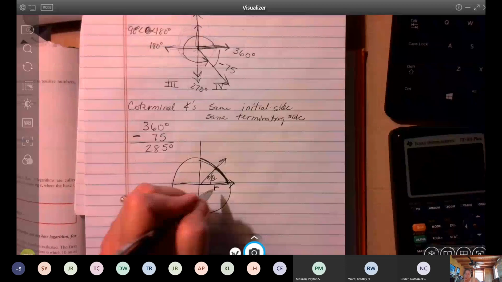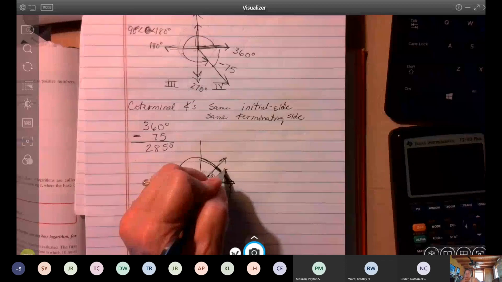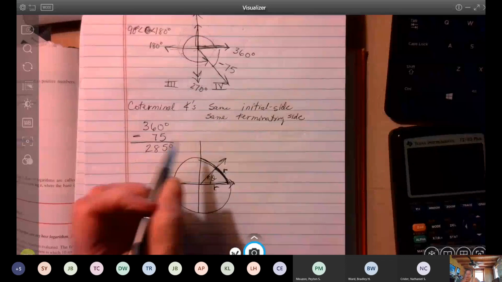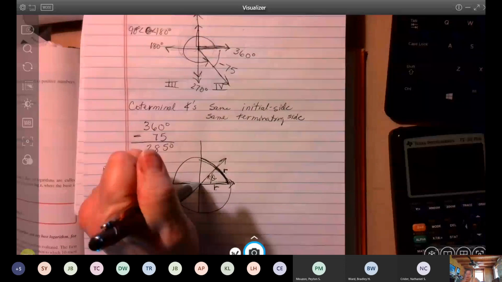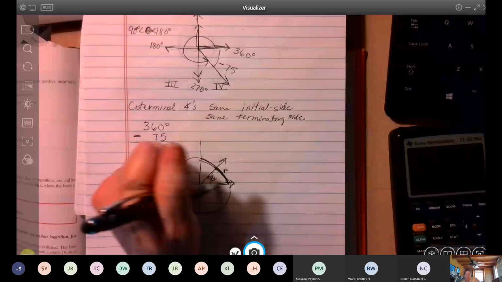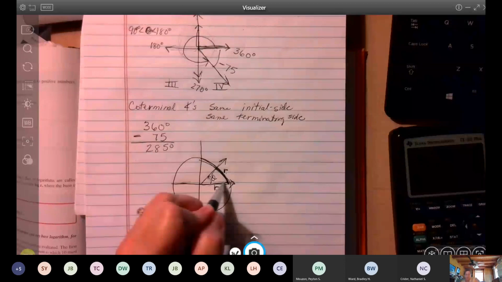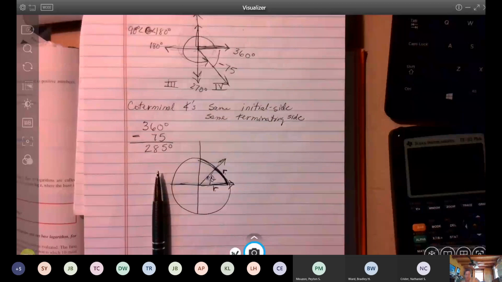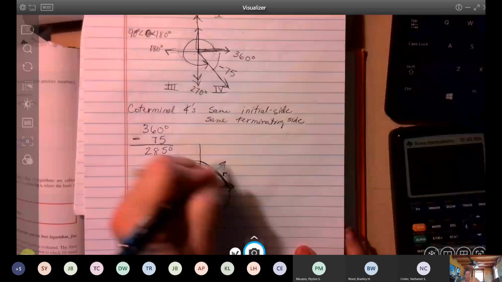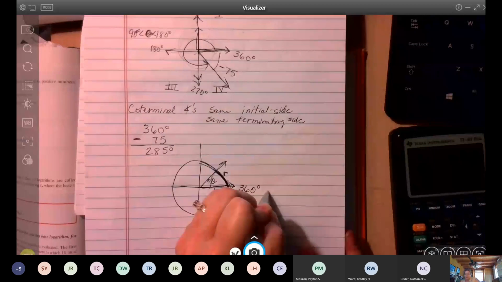And the definition is a radian is an angle that has a vertex at the center, that intersects an arc on a circle that's equal to the length of the radius. So this is equal to this. Then this is called 1 radian. So when we're looking at our total circle, we know that as we go around, 360 degrees is equal to 2 pi radians.